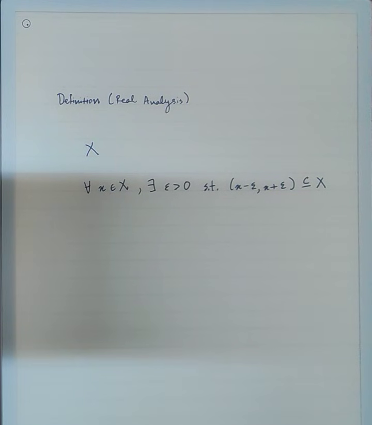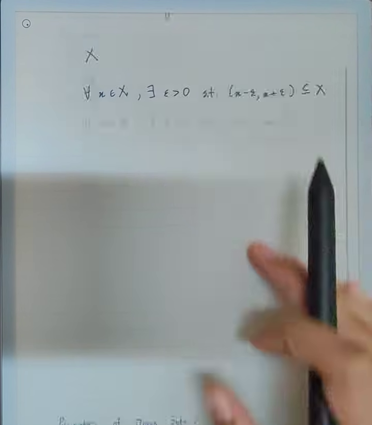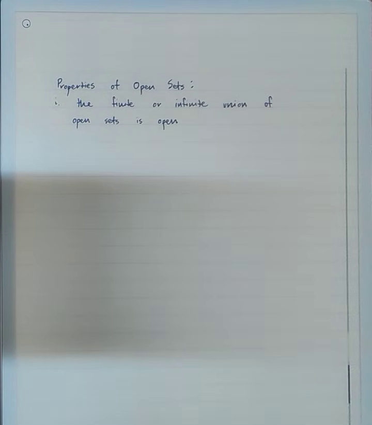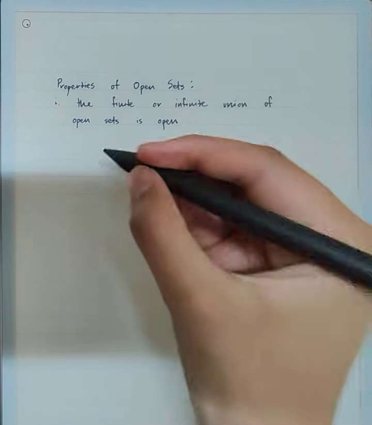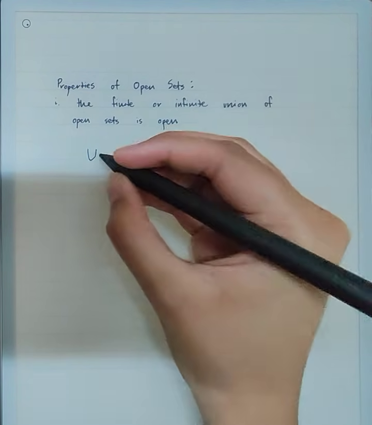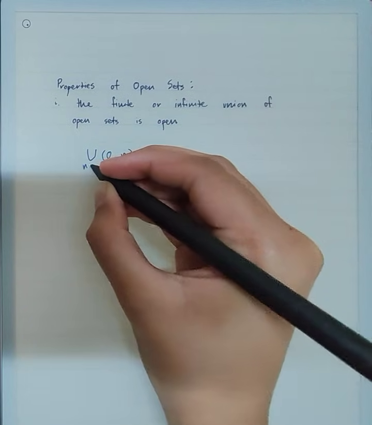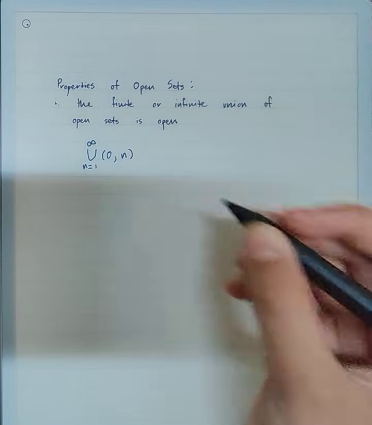So now let's look at some properties of open sets. The first property is that the finite or infinite union of open sets is open. So let's use an example to illustrate this. I can take the union of (0, n), where n goes from 1 to infinity.